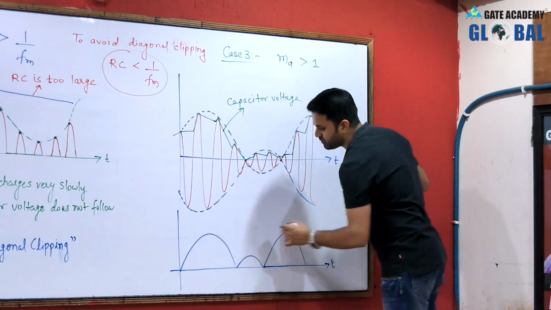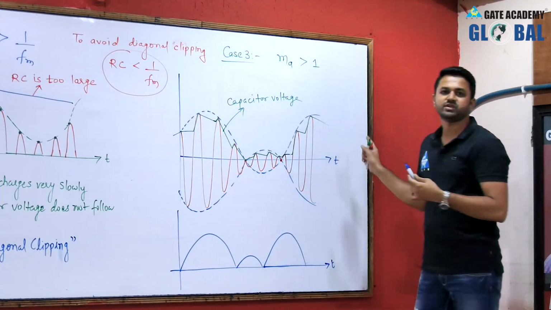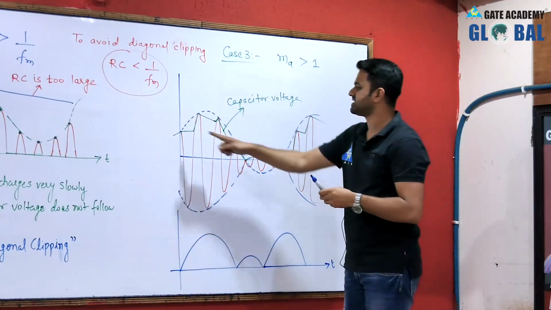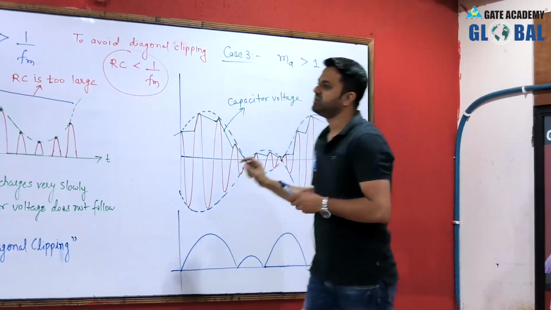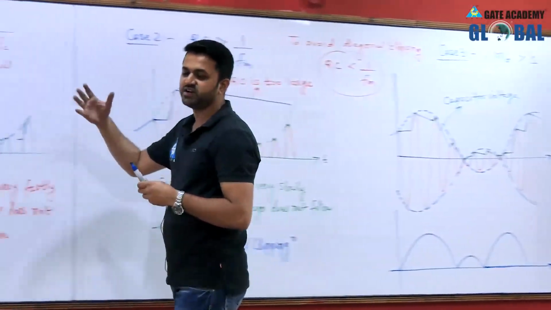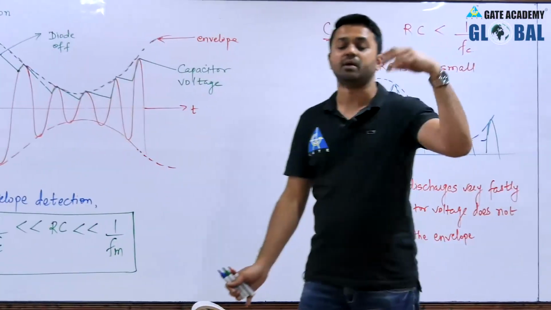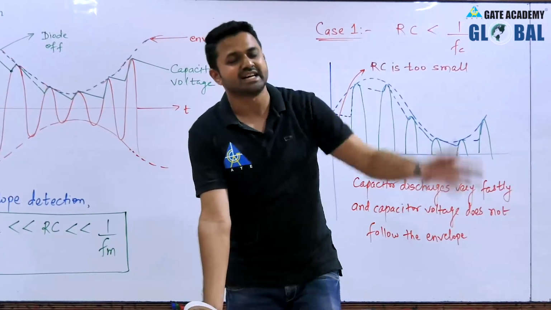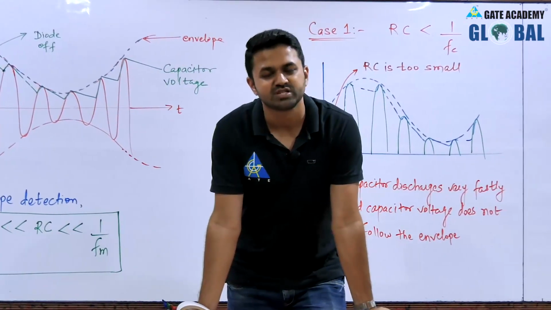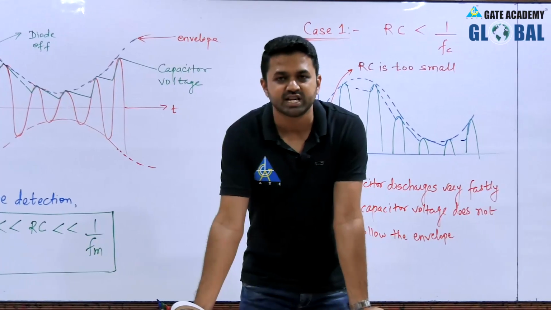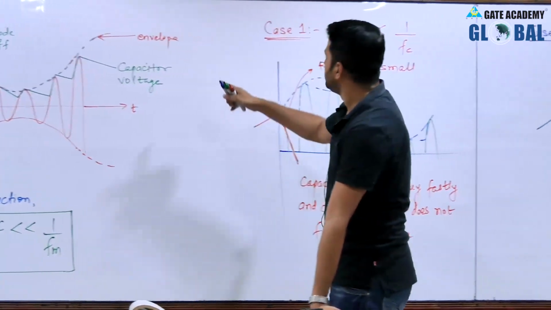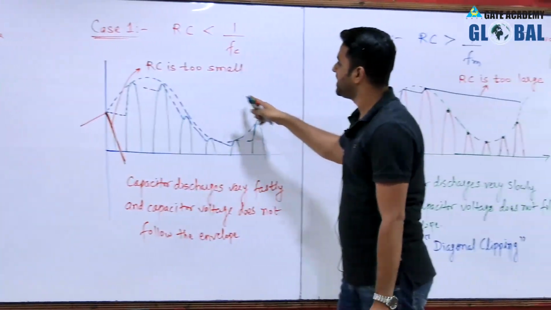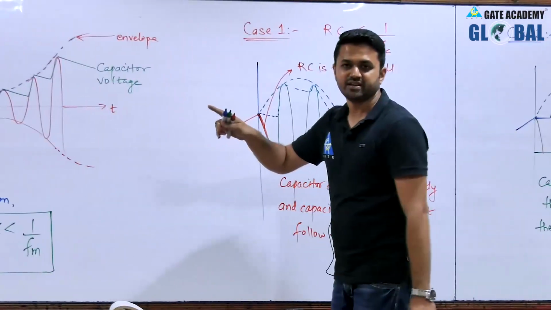So this is the output of the envelope detector, but we know that the message signal is nothing but a sinusoidal waveform. The input given to the amplitude modulator at the transmitter side was a single tone sinusoidal, and for that we get the AM waveform like this when the modulation index is less than 1.